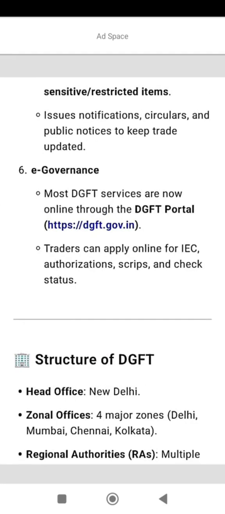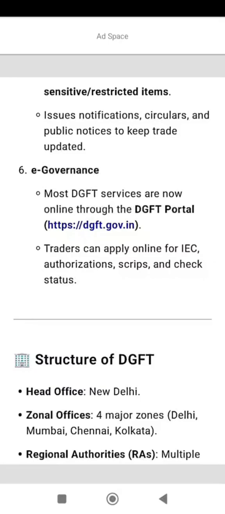It issues notifications, circulars and public notices to keep trade updated. E-governance. Most DGFT services are now online through the DGFT portal. Traders can apply online for IEC, authorization, scrips and check status.